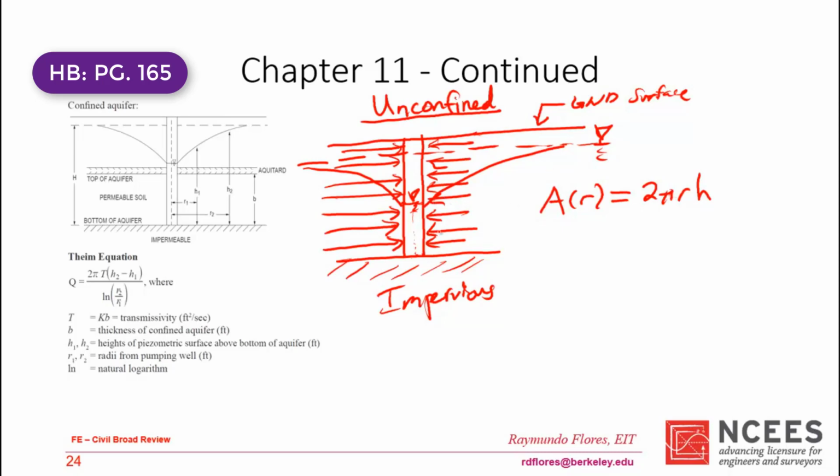H is basically the height of the water table. It's the total head, basically, and it becomes more relevant when you talk about total head. But basically, because it's the entire thing, you have to make sure that you're accounting for the fact that each point is being affected. So in this case, A of R is 2 pi RH, right?